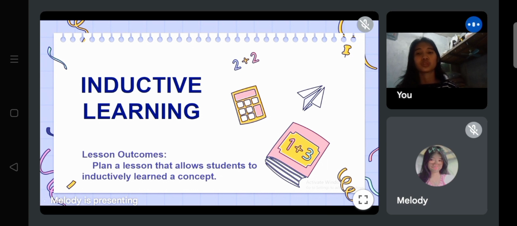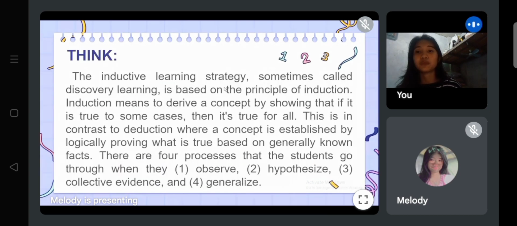So, what is inductive learning? Inductive learning, or sometimes we call it discovery learning, is based on the principle of induction. Induction means to derive a concept by showing that if it's true for some cases, then it is true for all.